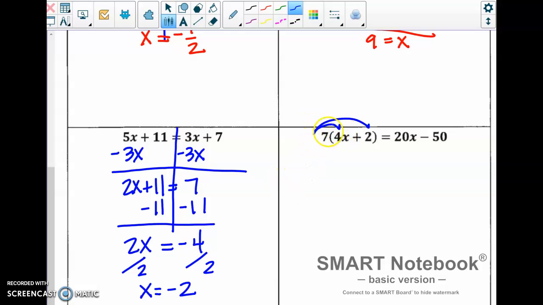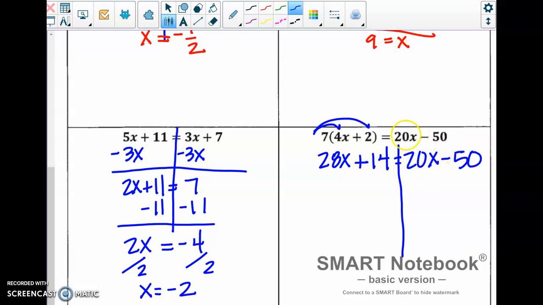Okay, for this one, 7 gets multiplied by everything inside the parentheses. So 7 times 4x is 28x, plus 7 times 2 is 14, equals the 20x minus 50. Okay, now I can actually start to solve. I've got 28x on this side and 20x on this side.